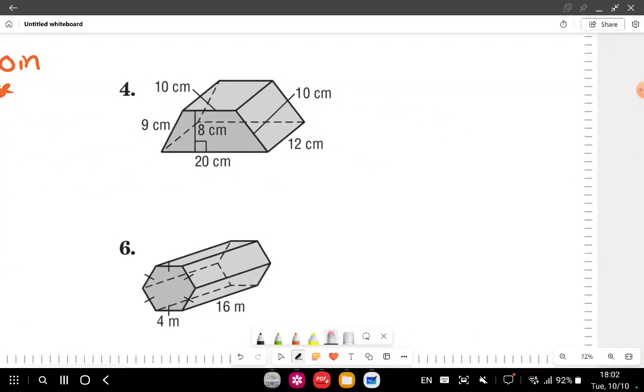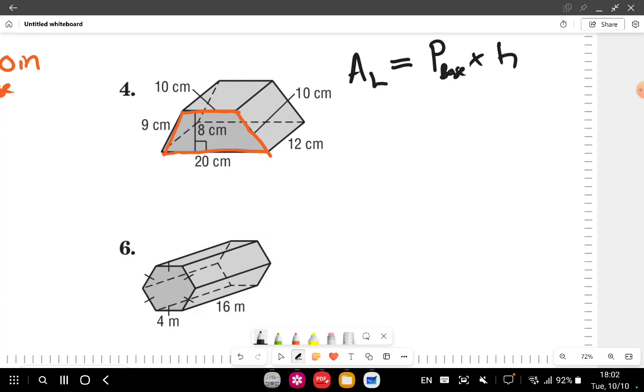Question number 4. Our base is a trapezium, so that's going to be this plus this plus this plus this. That's the trapezium. That is going to be your perimeter. So in essence, what we're saying is the area of the lateral side is equal to the perimeter of the base multiplied by the height, right?